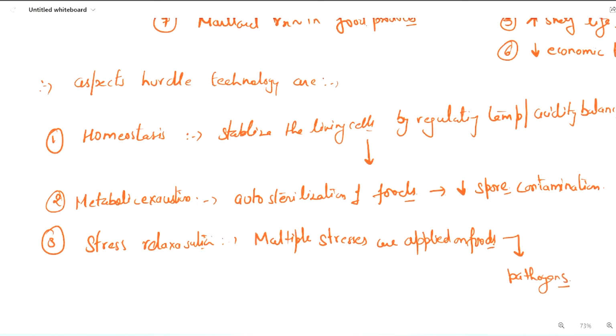Upon the incorporation of these multiple stresses, the stress leads to an increase of HSP proteins, which are the heat shock proteins, and these heat shock proteins lead to weaker pathogens, weaker microbes in the food material.